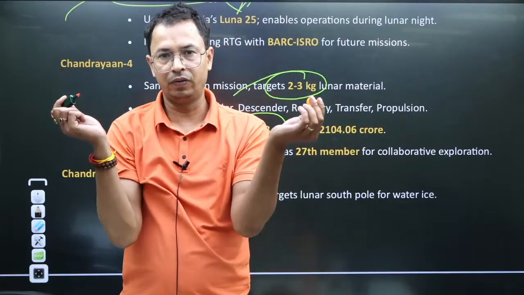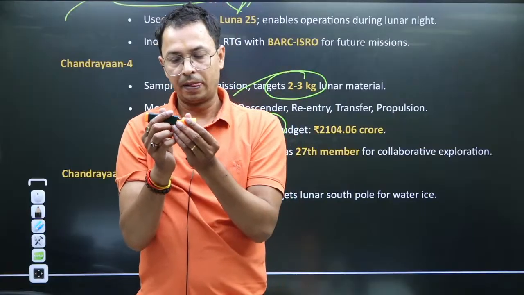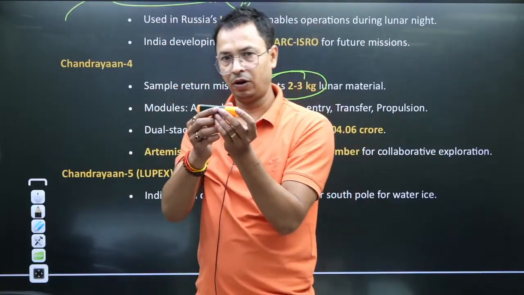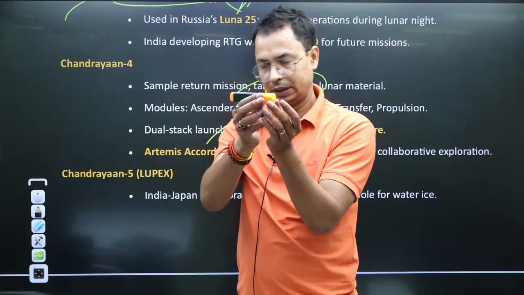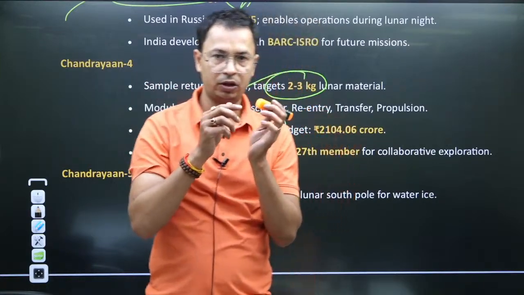Now the ascender module will de-dock. Now there is no work for the ascender module. With the help of the transfer module, this re-entry module will come towards the orbit of the Earth.